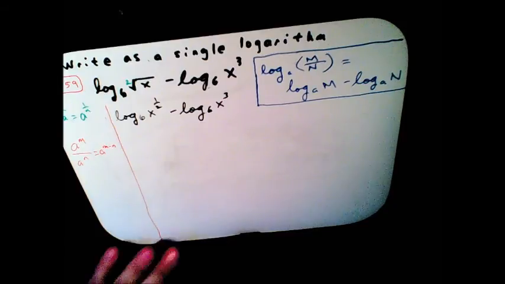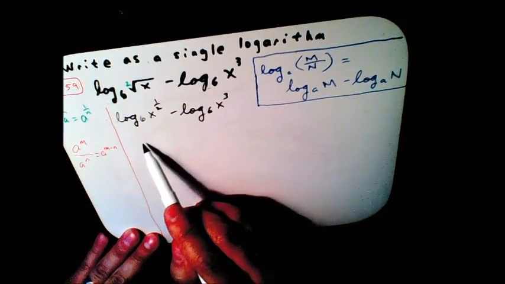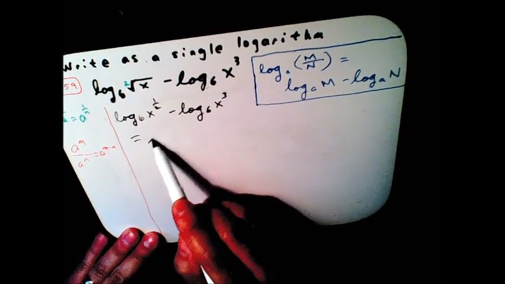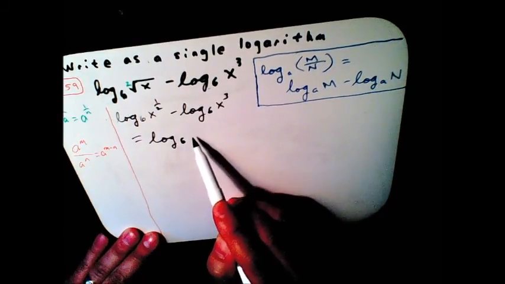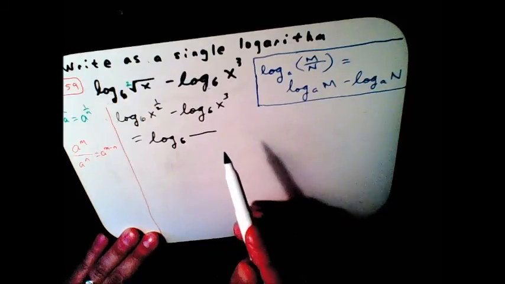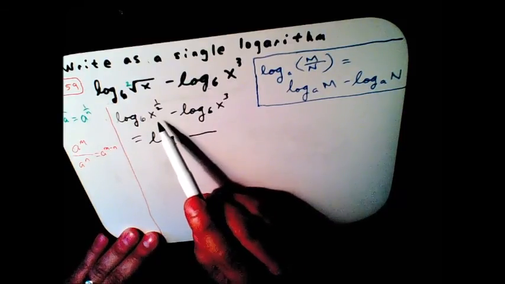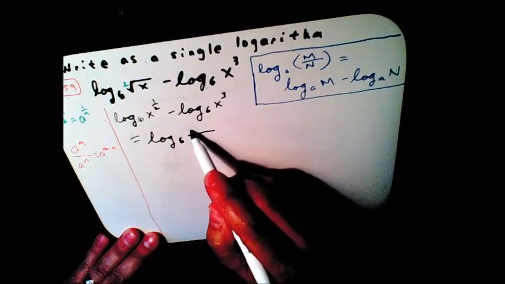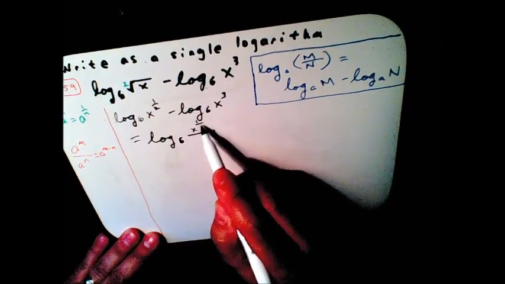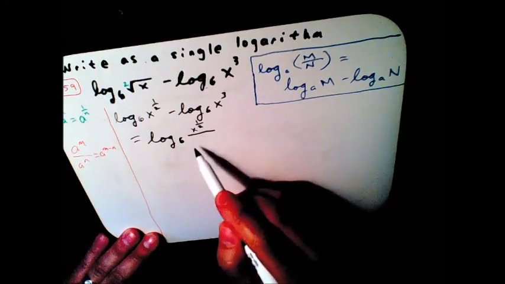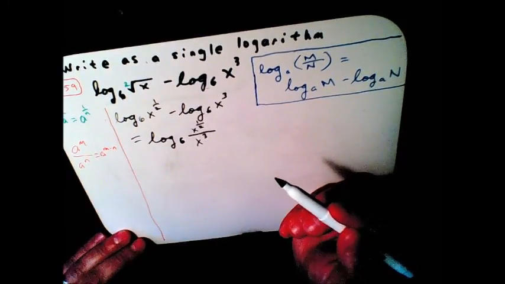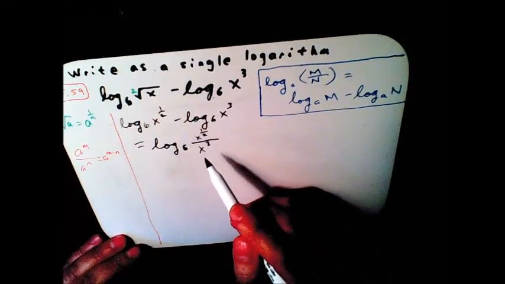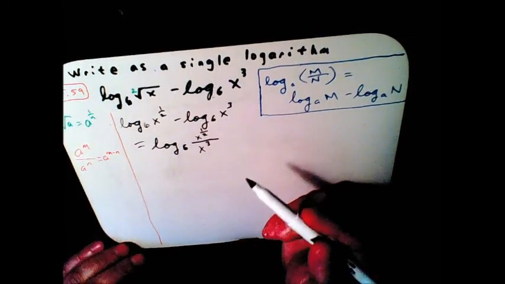So this is log base 6 of a quotient of the two arguments. Log base 6 of first thing, x to the 1/2, over second thing, x cubed. Okay, well, we have a single logarithm, but it's pretty ugly, so we're going to make it look better.